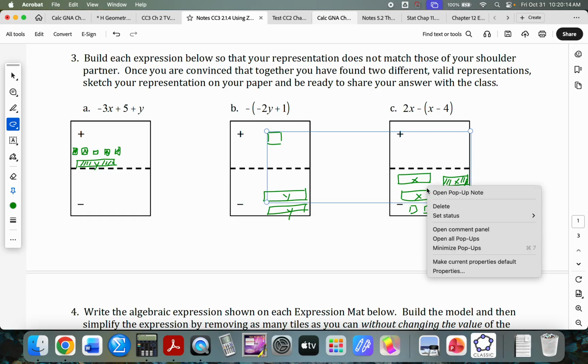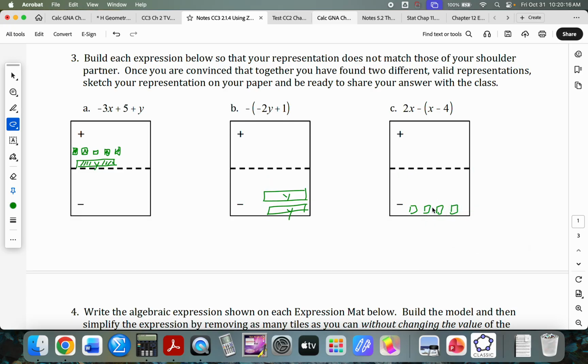All right. Kiera, what did you do? I put 2 -x's in the positive region. 2 negative x's in the positive region? All right, but this says that it's shaded, so that means they're positive. So 2 x tiles in the positive region. Go on.